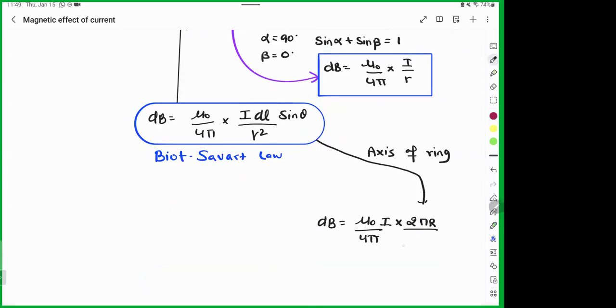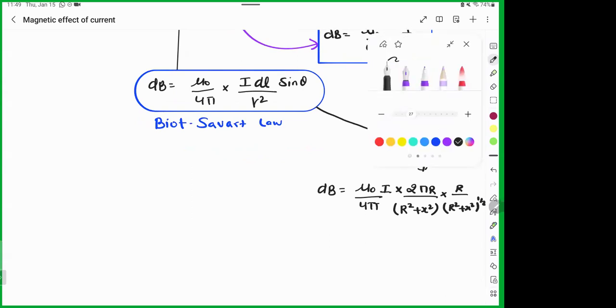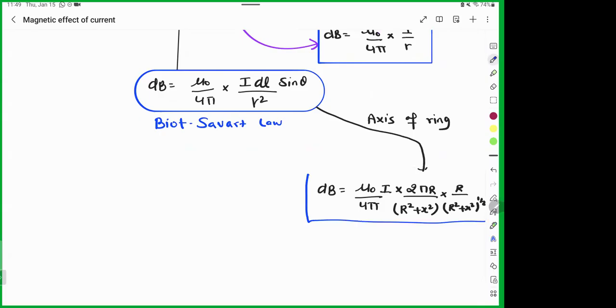The r square value will be r square plus x square, and your sine theta value will be perpendicular upon hypotenuse. But in this case, you have to make a diagram, so I'll make a diagram as well.